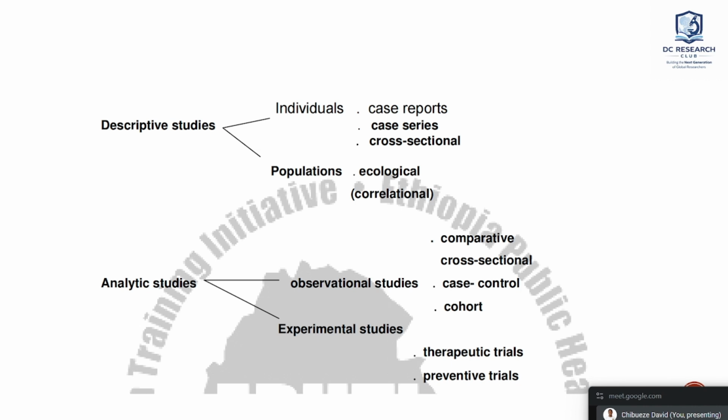Or let's say, for example, you want to create an awareness program among young people and educate them about, let's say, HIV. That's a preventive program. Or you want to speak to pregnant women about how they can avoid different conditions that happen during pregnancy and before pregnancy. So you are having an experimental study.